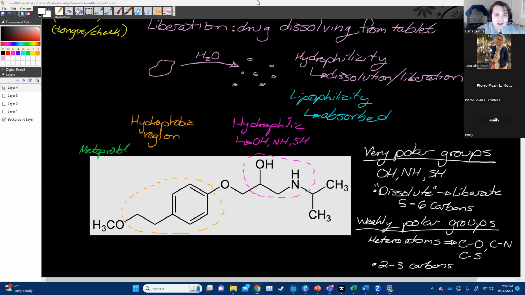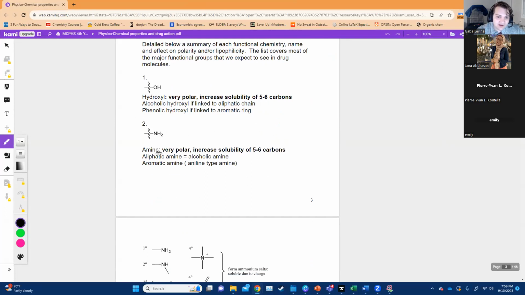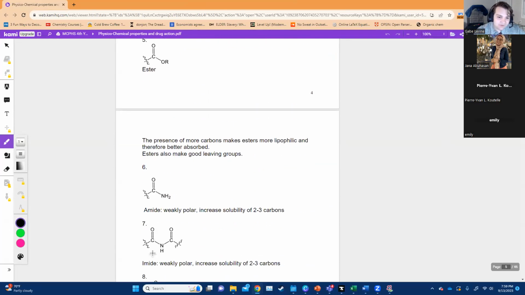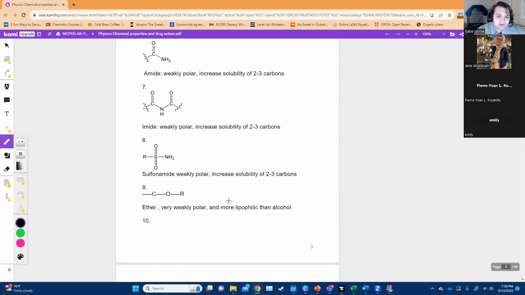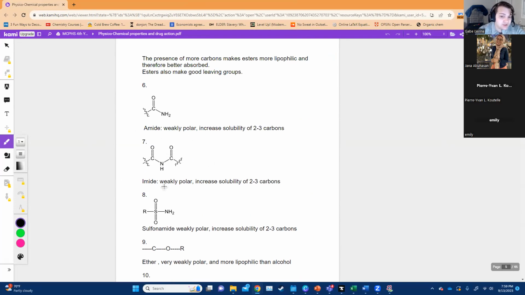Now, in the packet, he lists out all of the different kinds of groups, right? He explains them. And mostly here, he's just showing you, first of all, the name of them, because he will point to a section of a drug and say, what functional group is this?